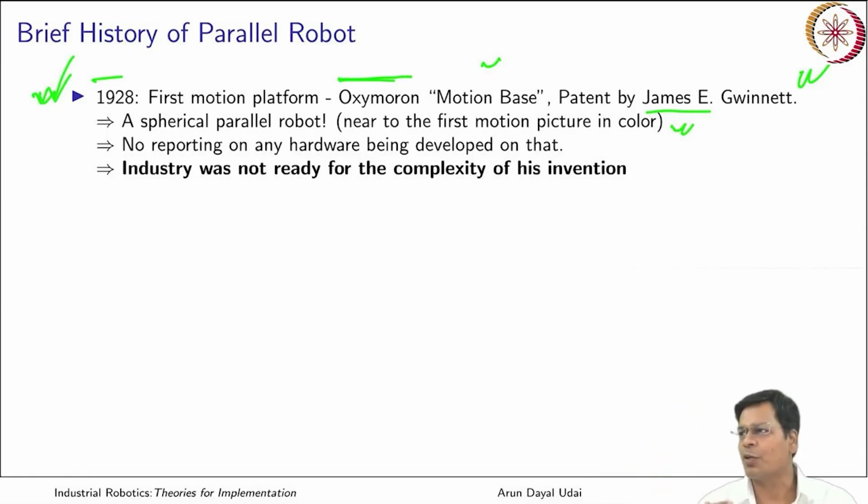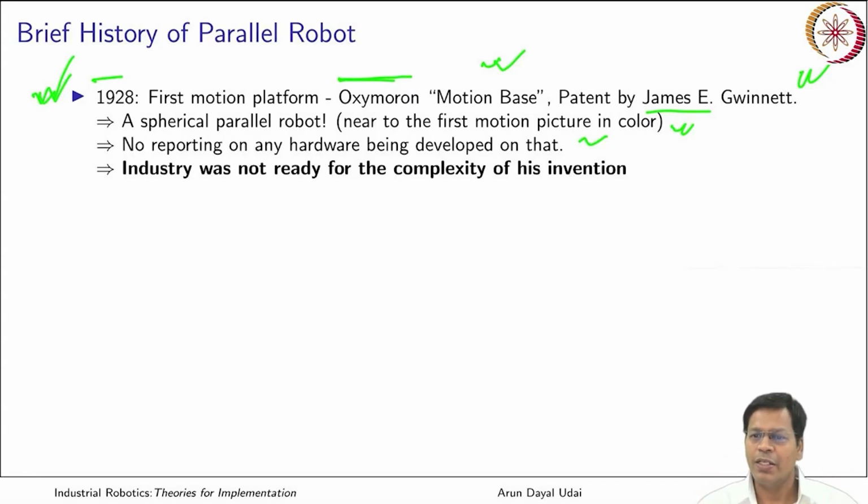So even serial robots were reported quite early in those days. So yes, and there is no reporting on any hardware being developed on that. Okay, so after this patent there was no hardware which actually came in. Okay, and because you see this parallel robot is very, very complex, the mathematics is complex, computing the workspace is very complex, estimating where it will go by moving just one joint, it is very difficult to visualize.